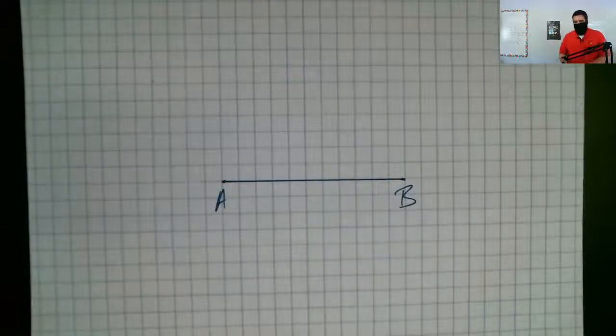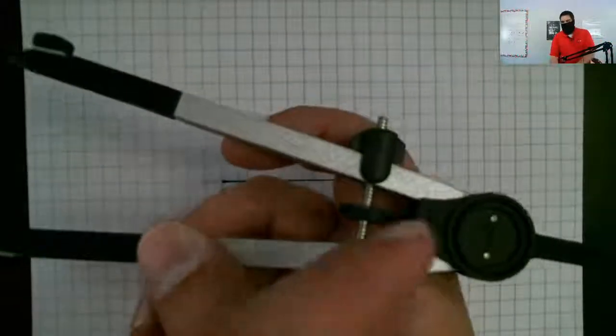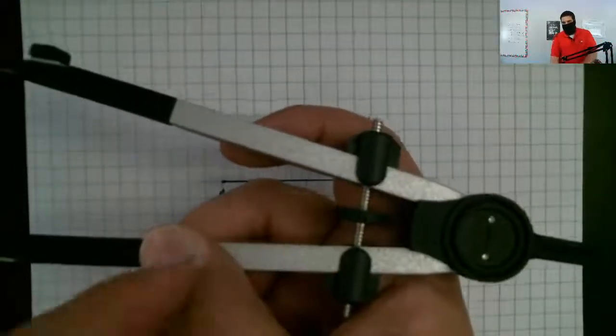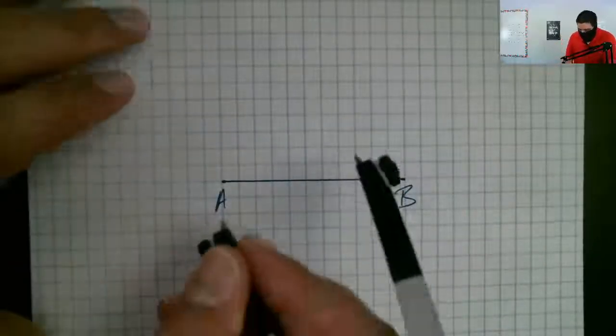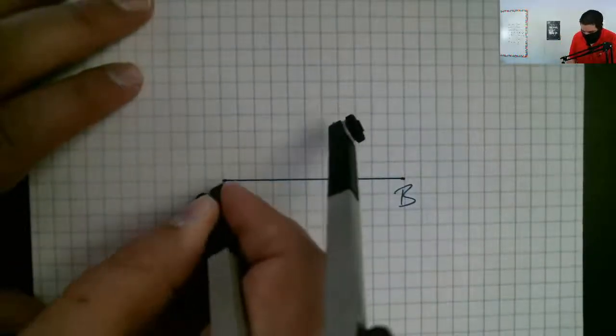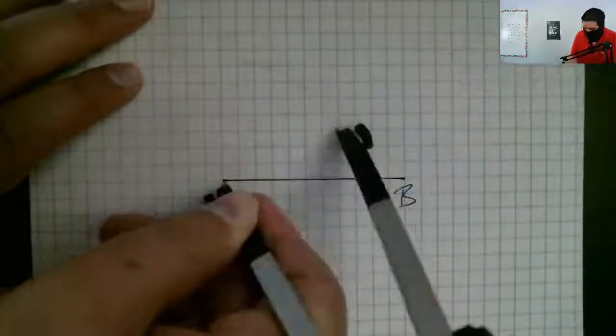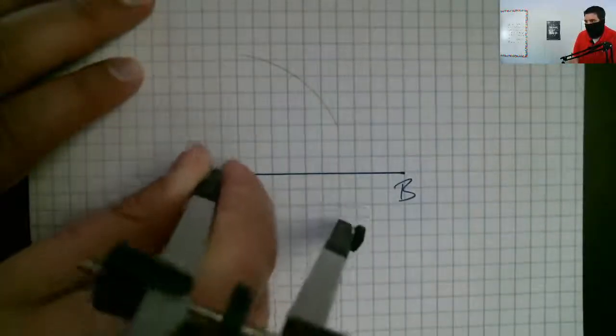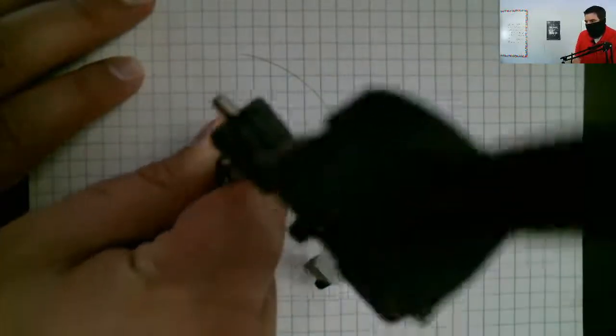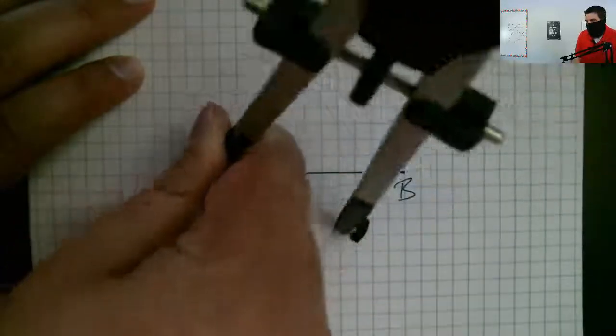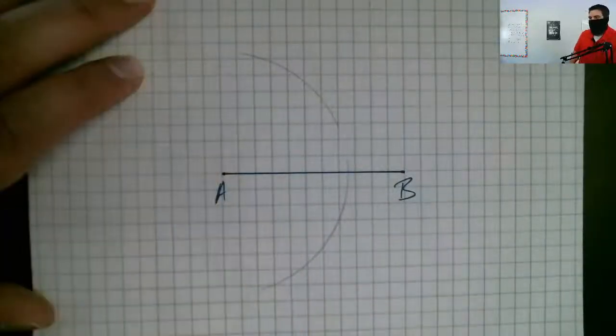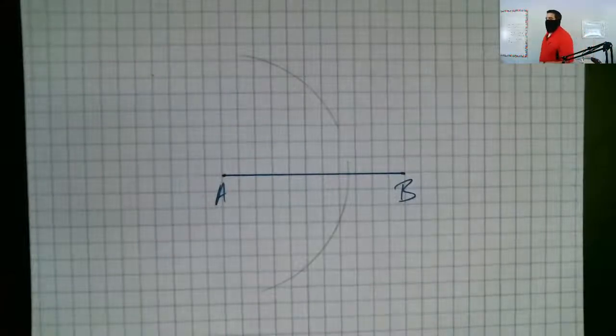Then with that radius locked in place, we spin the compass and mark above and below.